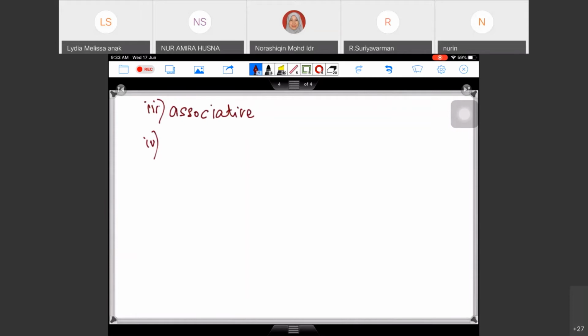Number 4. Is there a zero vector such that? Is there a zero polynomial such that? Or maybe you can say, we don't know a zero polynomial yet.